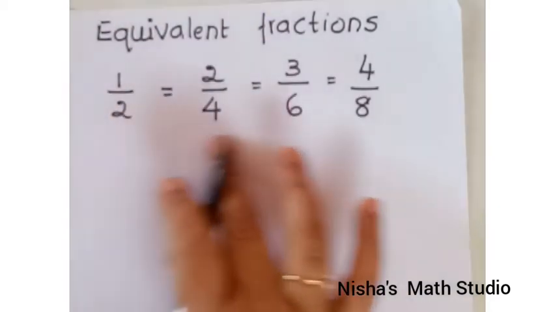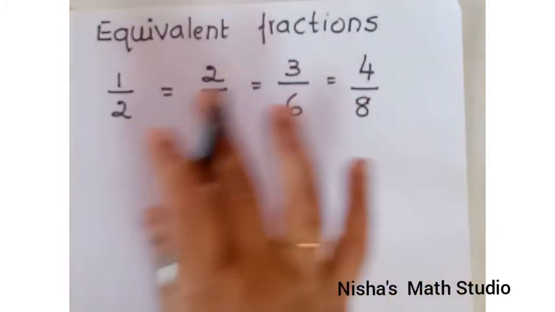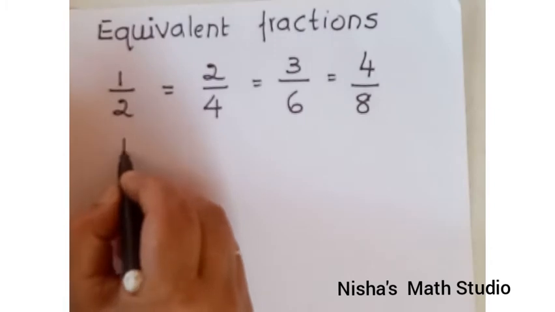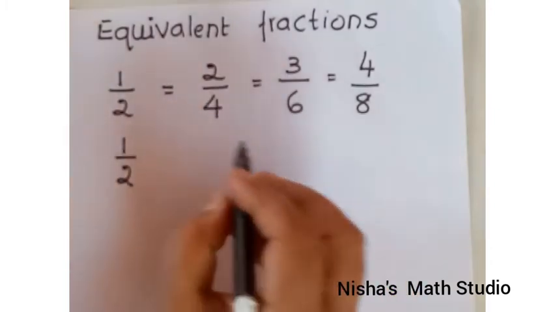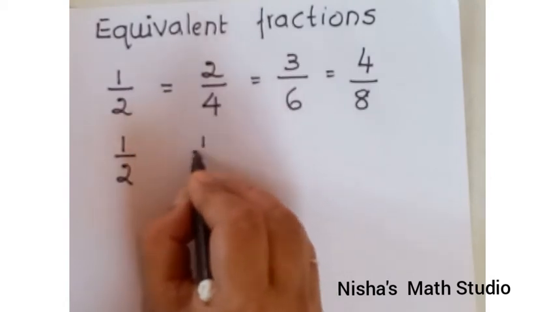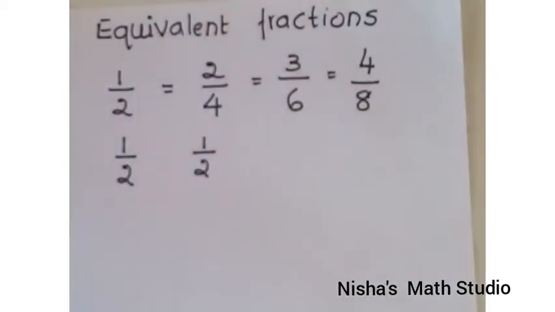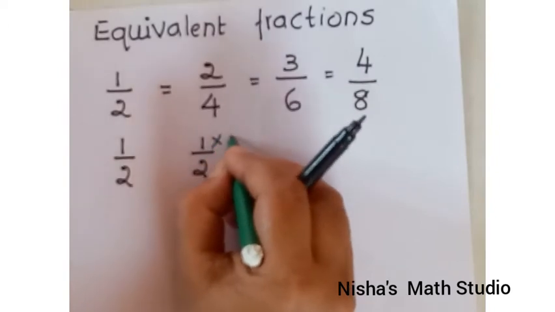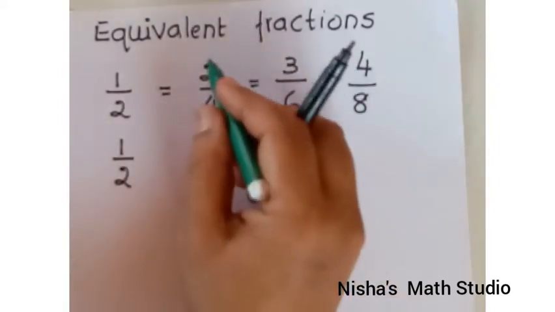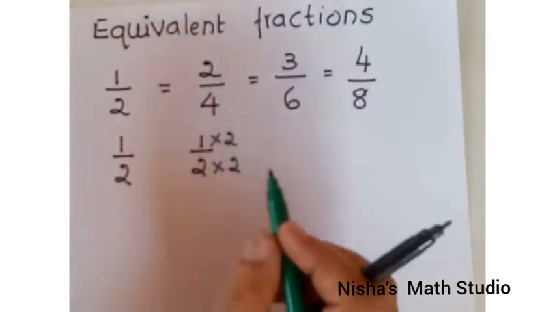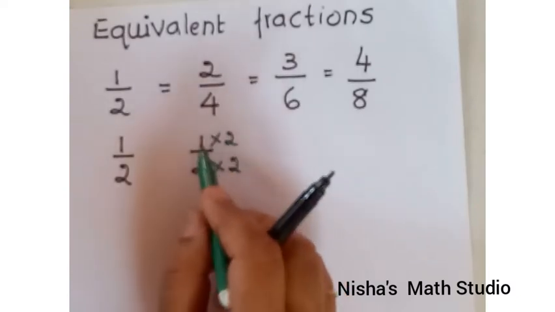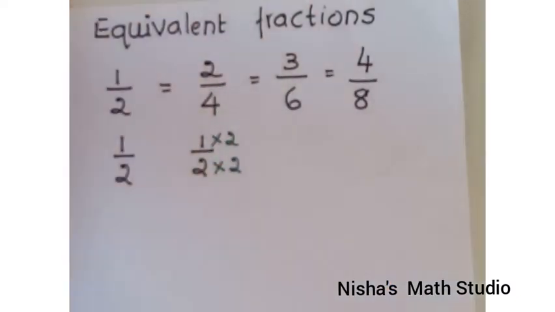Let's try to compare these fractions, both numerator and denominator, and how they are related. The first fraction is 1 by 2. The second fraction 2 by 4 is nothing but 1 by 2 multiplied by 2 in the numerator and 2 in the denominator. 2 ones are 2, 2 twos are 4. So by multiplying numerator and denominator by 2, we got 2 by 4.